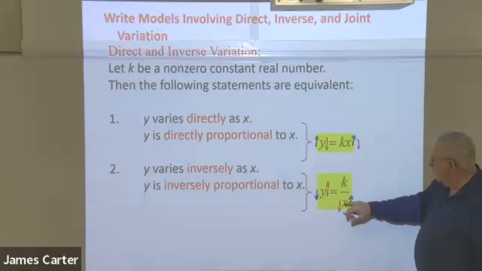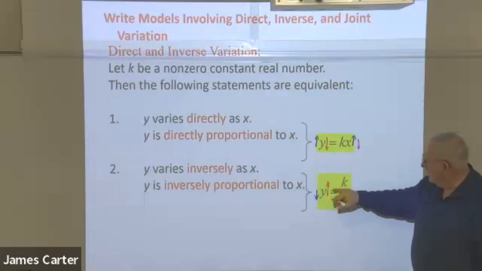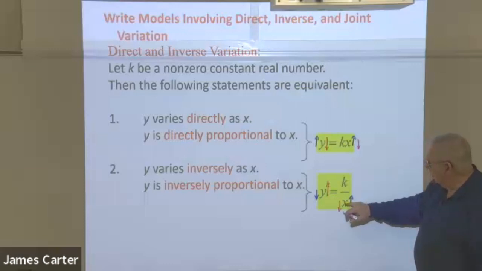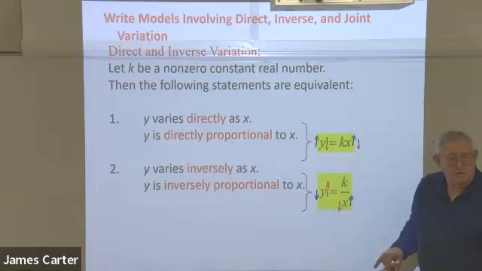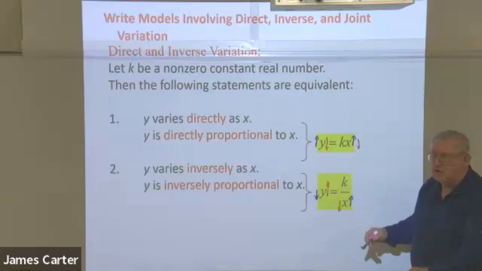If we increase X to 20, then our answer divided into 40 would be 2. So if this gets bigger, that gets smaller. Likewise, if we decrease X from 10 to 5, then instead of 4, we would get 8 when we divide 5 into 40. So that's how this one works.